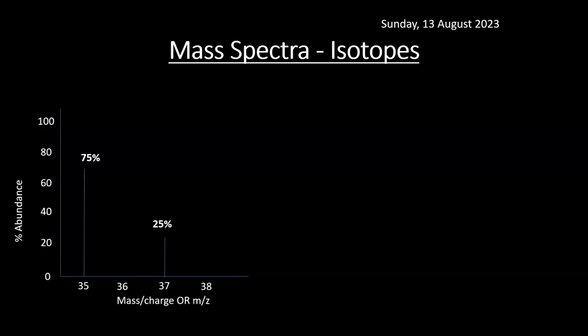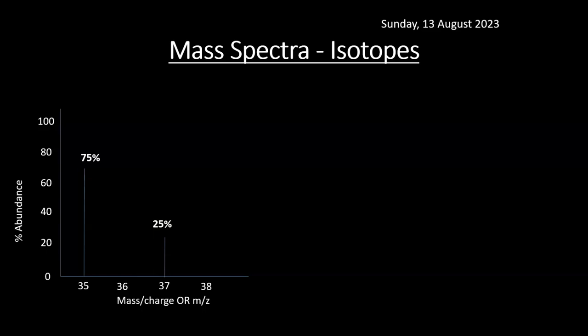So here is a display which shows the 2 isotopes of a particular element. You can see their mass over charge, or very simply mass divided by 1, because these are regarded as having a 1+ charge, shows 2 isotopes with a mass of 35 and a mass of 37, with 2 different abundance figures.